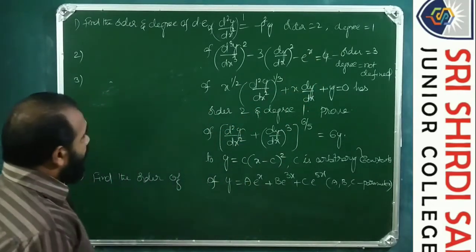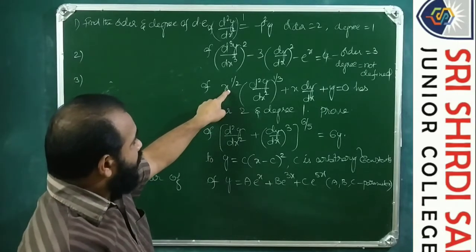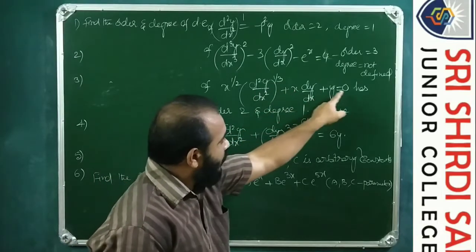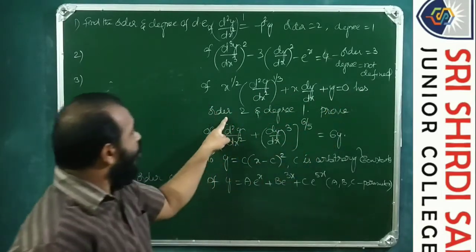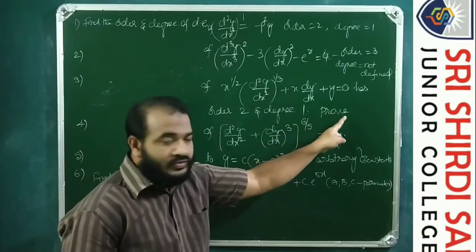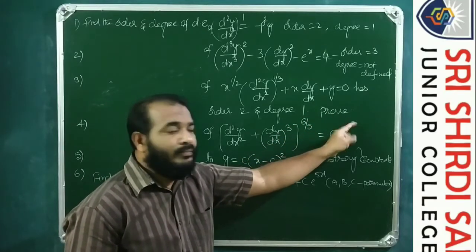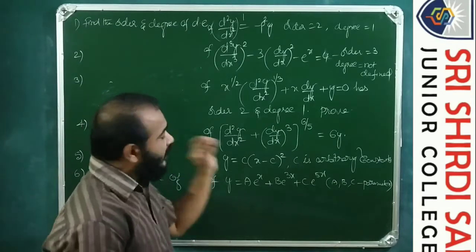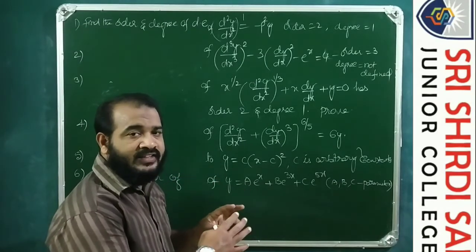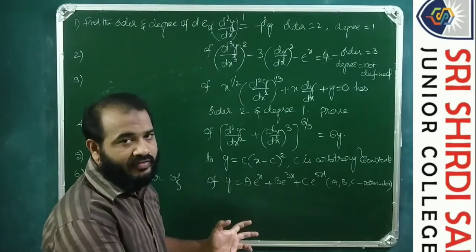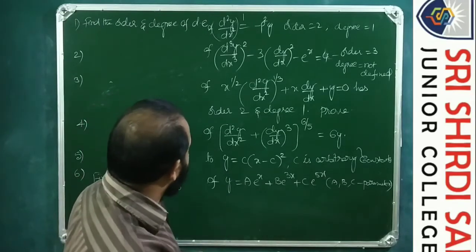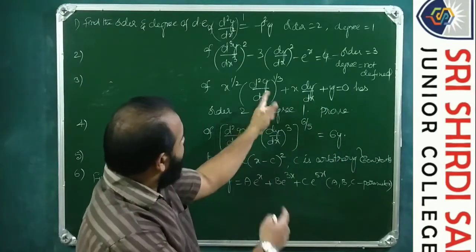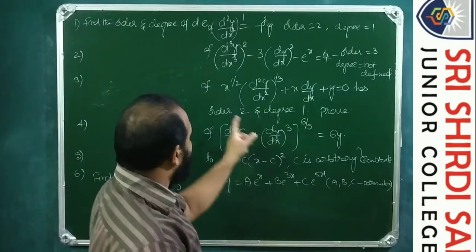Now, x power 1 by 2 times d square y by dx square whole power 1 by 3, plus x dy by dx plus y equals 0, has order 2 and degree 1. So he asks us to prove this. First of all, to tell the order, there is no confusion. Since dy by dx is the first order derivative and d square y by dx square is the second order derivative, the order is 2.